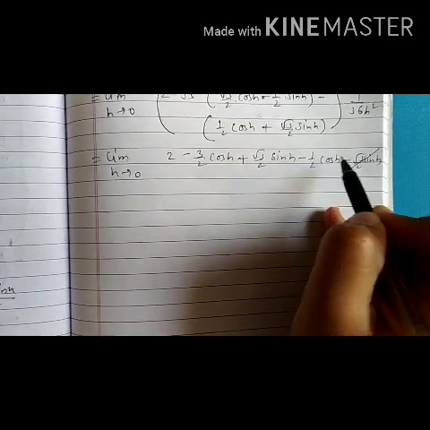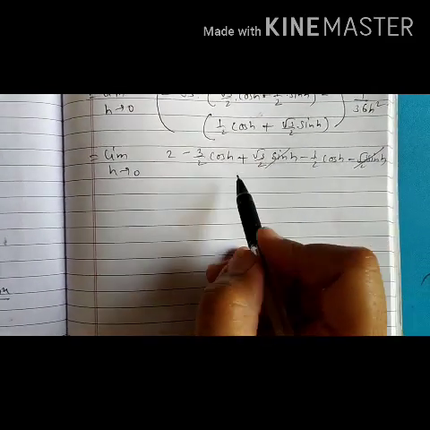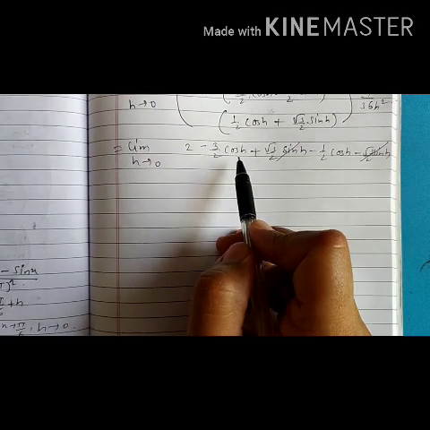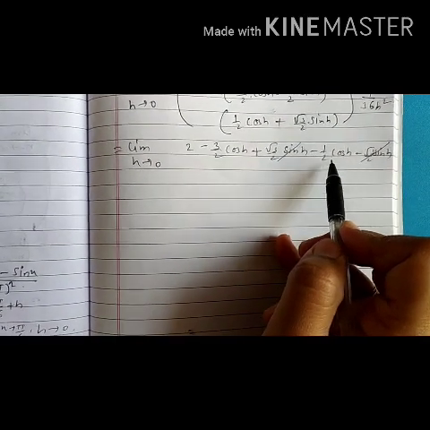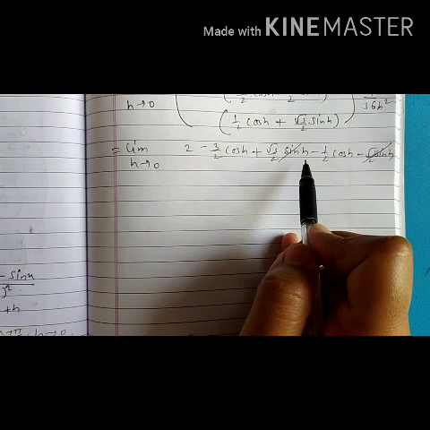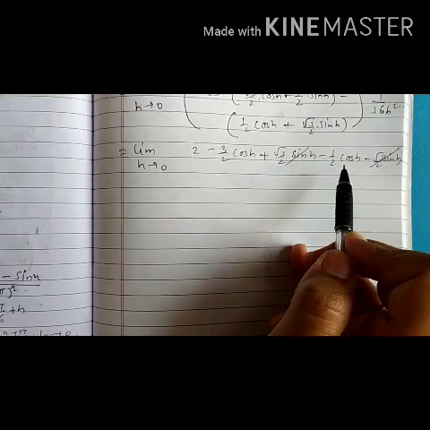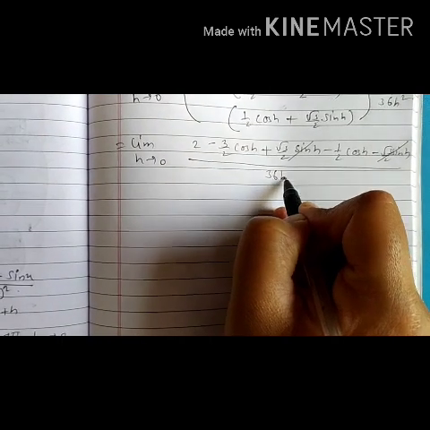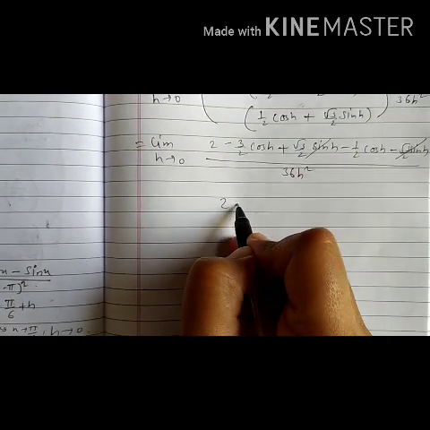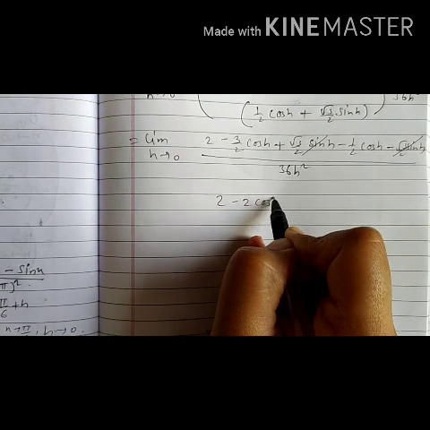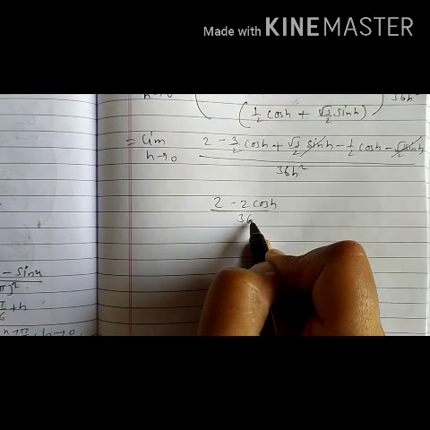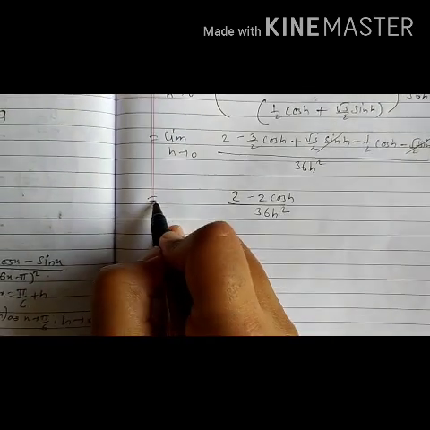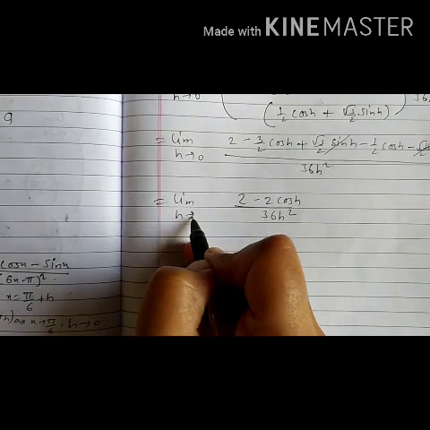Now root 3 by 2 sin h and this root 3 by 2 sin h cancel. Now minus 3 by 2 cos h minus 1 by 2 cos h, minus 4 by 2 cos h, means minus 2 cos h, whole thing divided by 36h square. So we have 2 minus 2 times cos h upon 36h square, limit as h tends to 0.